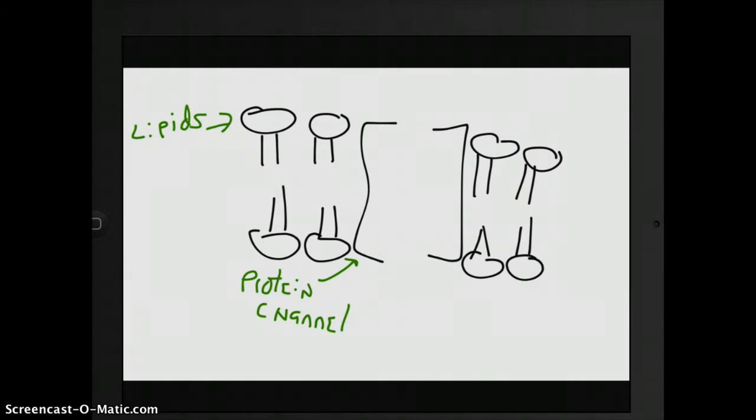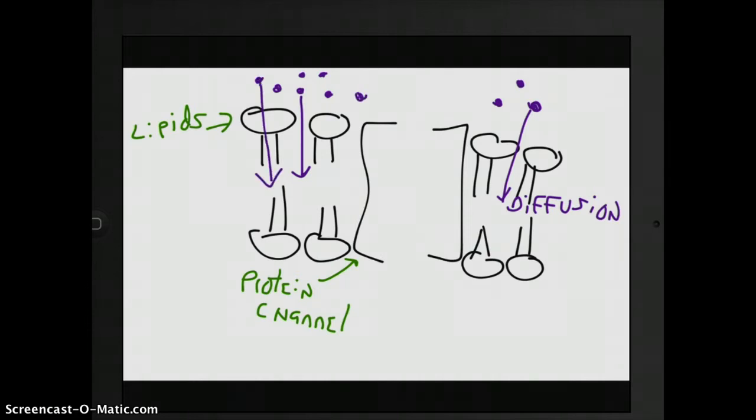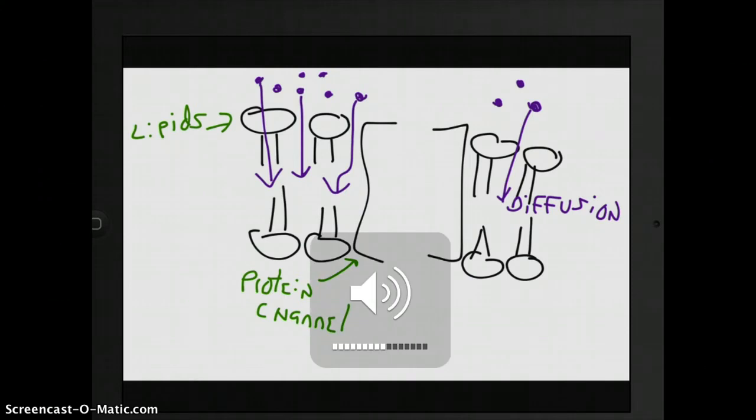Now, the first thing we're going to talk about is small molecules. When you have small molecules diffusing from an area where there's a lot of them to just a little, that is simple diffusion, requiring no energy. They squeeze through the phospholipid bilayer. That's diffusion.